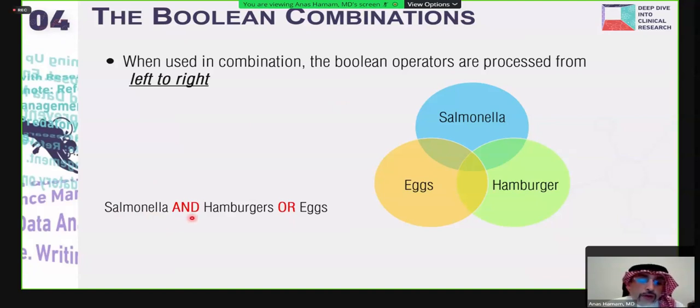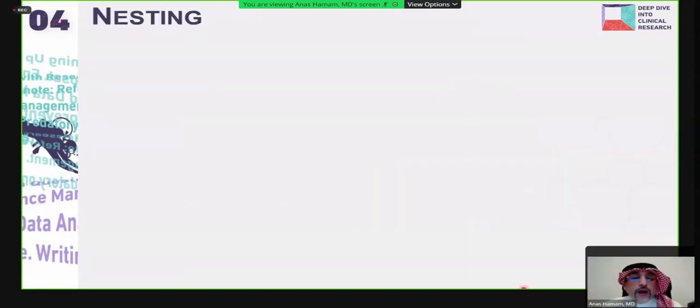So if I say salmonella and hamburgers or eggs, salmonella and hamburgers are the ones in the middle, or eggs, I'm going to include everything in the eggs. So this is the body of literature that I'm going to be looking at. So it's always from left to right.